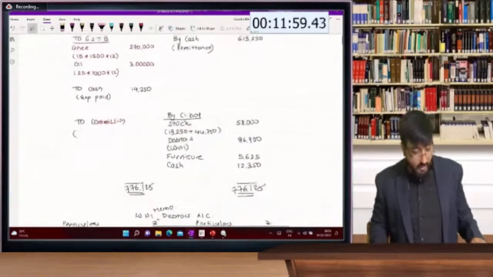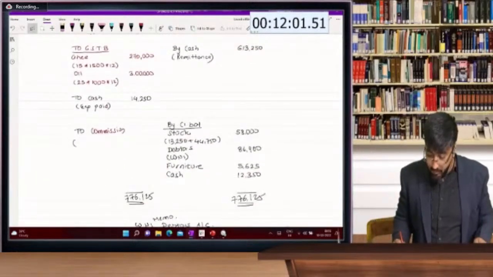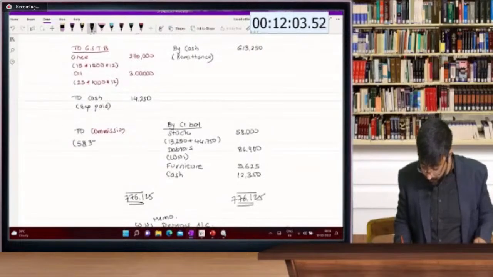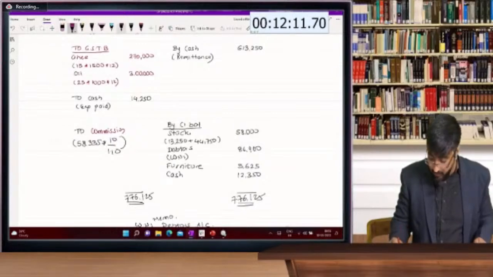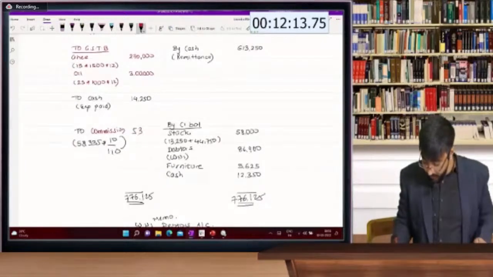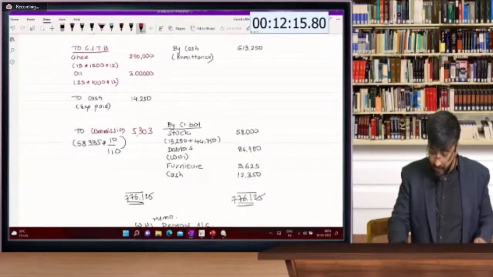So I'm getting the commission on 58,335 as a balancing figure into 10 upon 110. So I'm getting 5,303 commission, and that I will deduct from 58,335.